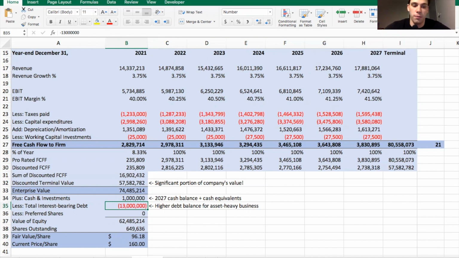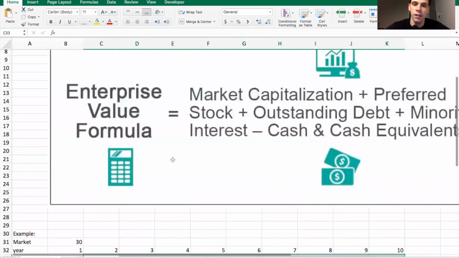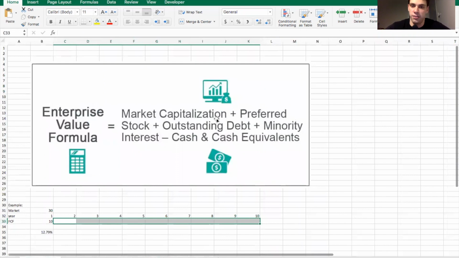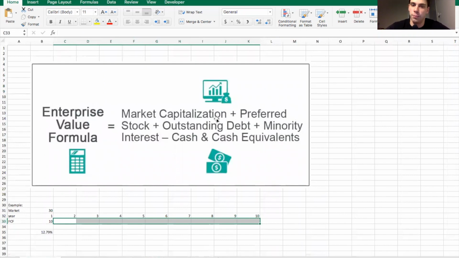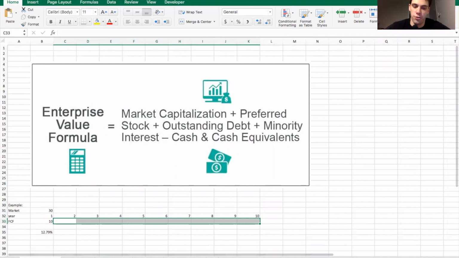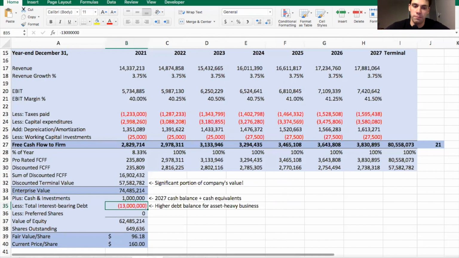And as we saw before, if we go back here, enterprise value is the market capitalization, the value of the preferred stock, as well as any outstanding debt, and then a few other items here. Now, they don't have preferred shareholders, as we've discussed before. So all we have to do is deduct the total interest-bearing debt, so all the types of debt that have interest attached to them, which again, I just estimated to be $13 billion.